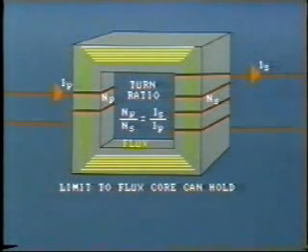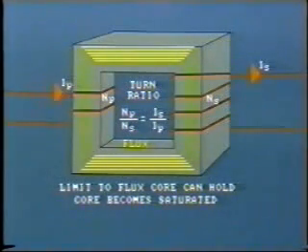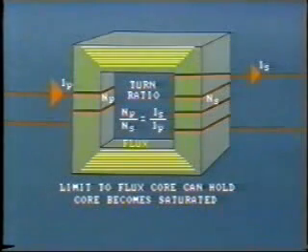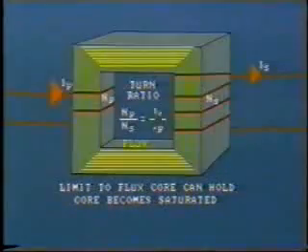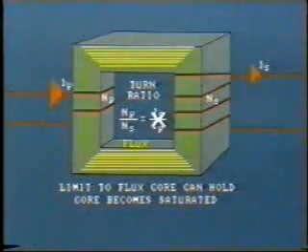But there is a limit to how much flux the core can hold, depending upon physical size. At a certain point, the core becomes saturated, and the flux will no longer increase in proportion to the primary current. Consequently, the secondary current will no longer follow its fixed relationship with the primary. Remember, it is the flux which creates the secondary current.